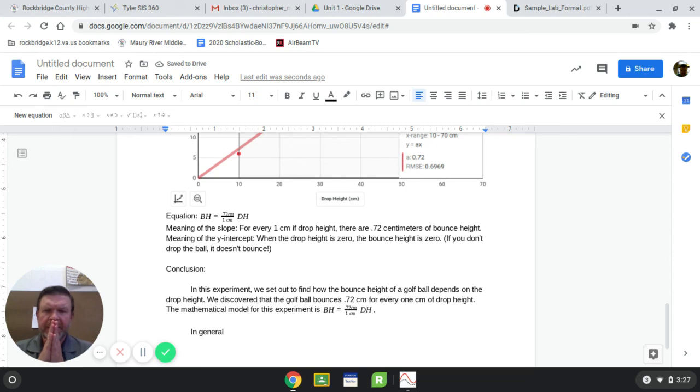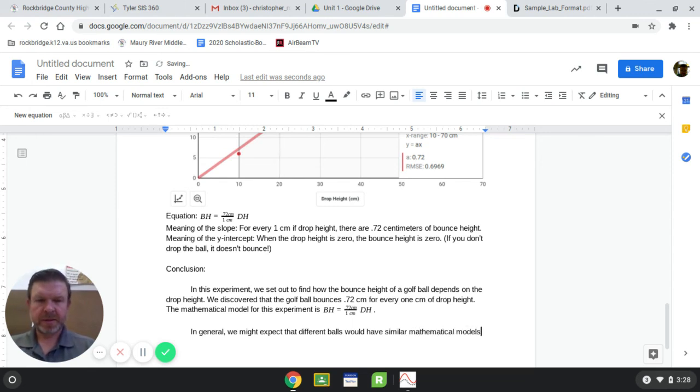In general, this is the part that's a little trickier. So can we generalize this result? In general, we might expect that different balls would have similar mathematical models, or in other words, equations.